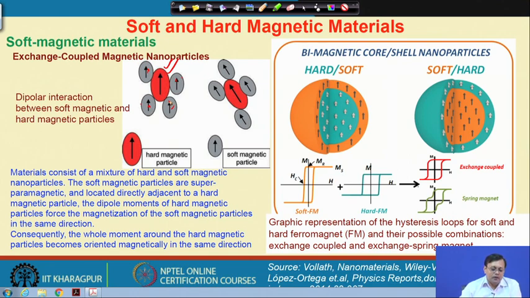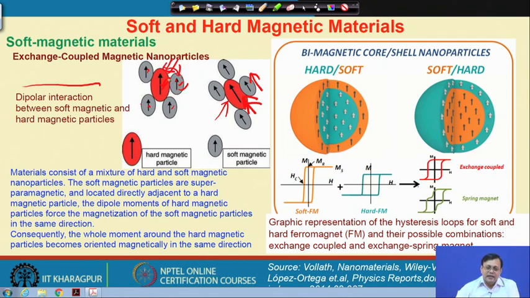And now, there is a dipole interaction between the soft magnetic domain and the hard magnetic particle, that is obvious. However, if I wish to align the soft magnetic domain, I also have to align the hard magnetic domain, because there is an exchange coupling between these two magnetic domains.